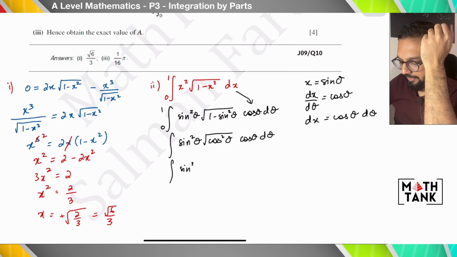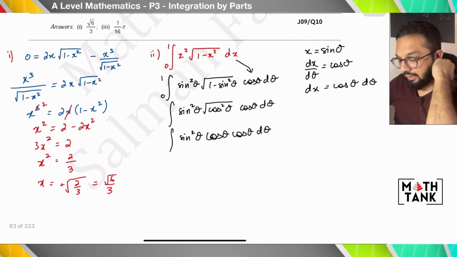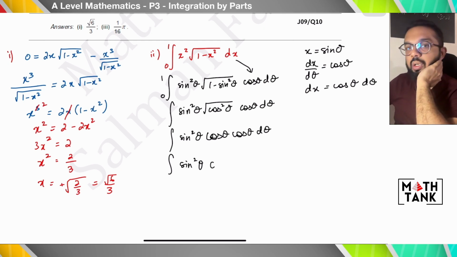Then I have sine squared theta into cos theta into cos theta. So that gives me sine squared theta and cos squared theta.